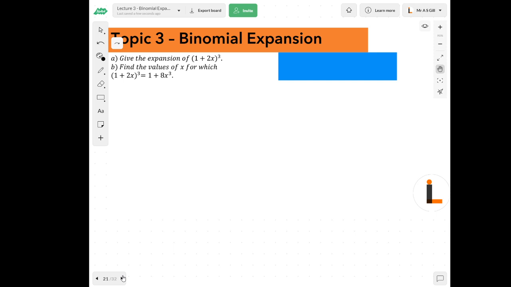So just do the expansion first, and then I'll go through how to do the second bit as well. So another 30 seconds to go through that first expansion there.